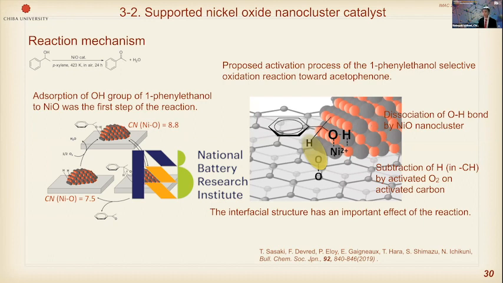That means nickel was coordinated with the oxygen of 1-phenyl ethanol at the reaction stage, and dissociation of the OH by the nickel oxide nanocluster was observed. And after that, subtraction of the hydrogen in the CH group was activated by oxygen or activated carbon. That is our conclusion of this type of reaction mechanism. The interfacial structure has an important effect on the reaction was the conclusion of this topic.